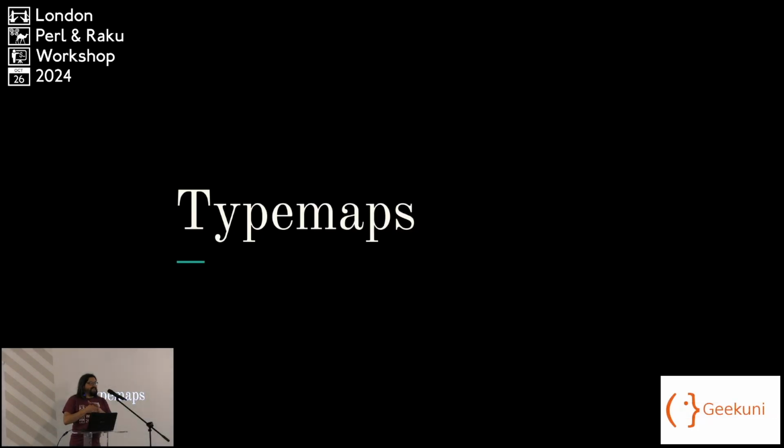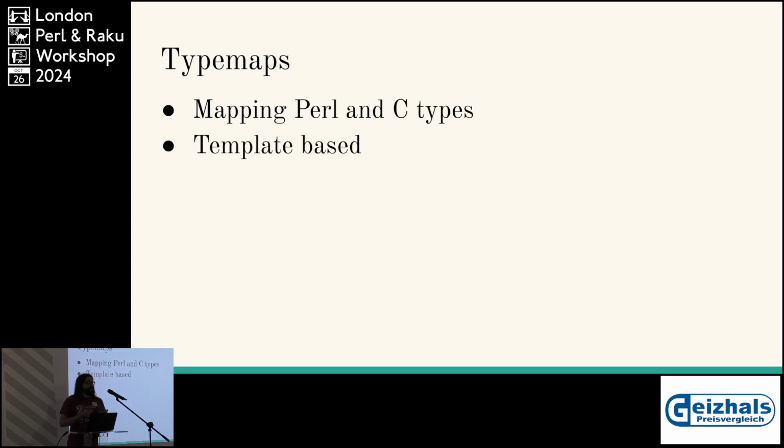And the other very important feature, if you want to write XS in this style, is typemaps. Typemaps are the sort of feature that are an absolutely great idea with an absolutely terrible implementation, which I will show you. What they really do is allow you to declare that this type in C maps to this type in XS and Perl.